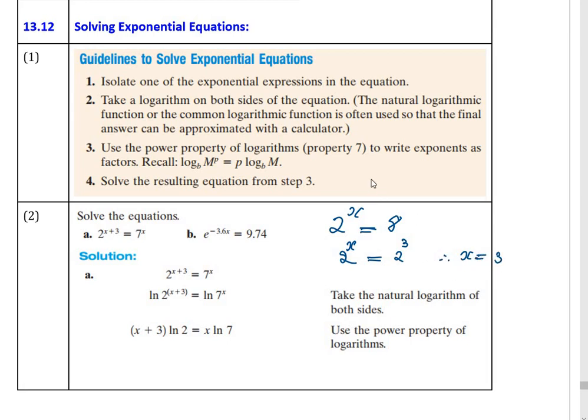But what now if I have 2 to the x is 5? How do I solve that now? And this is where ln or log comes in. Okay, so you can decide if you want to use log or if you want to use ln.